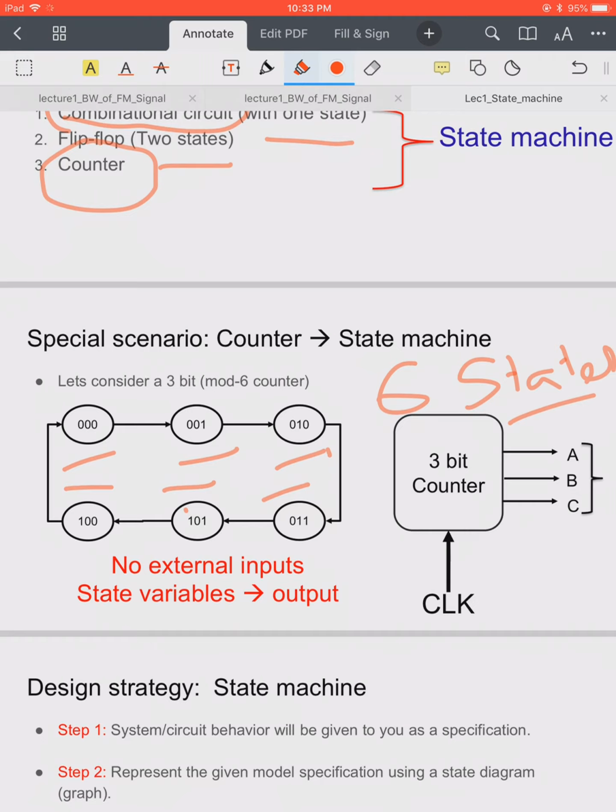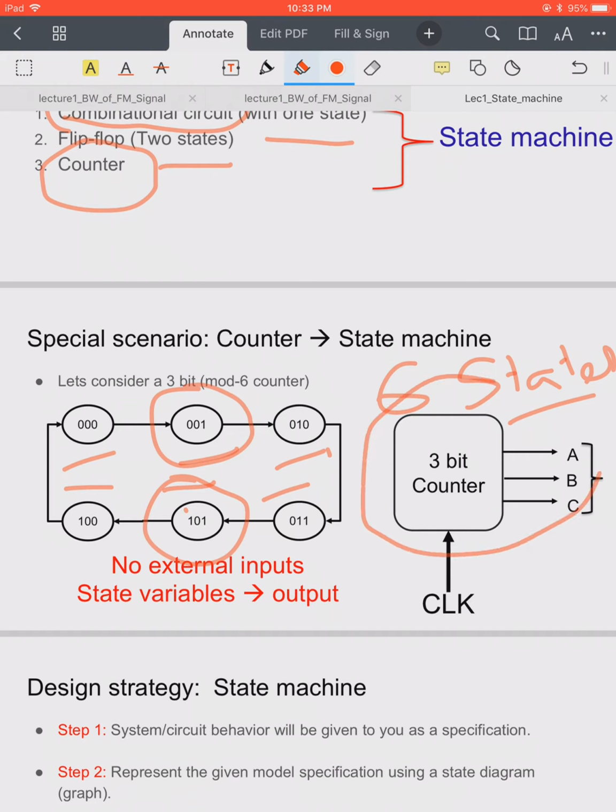It has no external output also, and its state variables, 000 or 001 or 101, anything, are basically interpreted as output. Obviously it has output, but the state variable itself is interpreted as output.